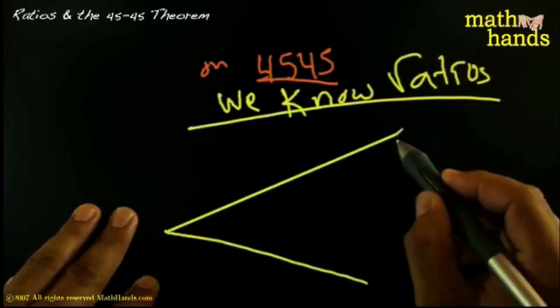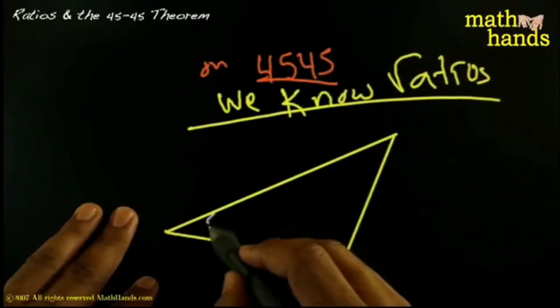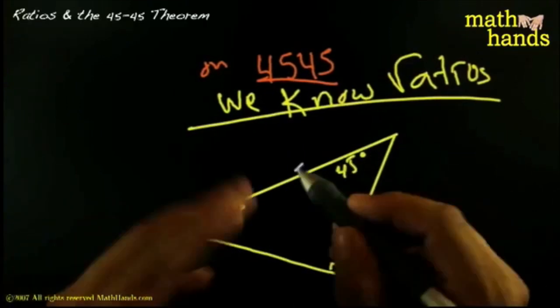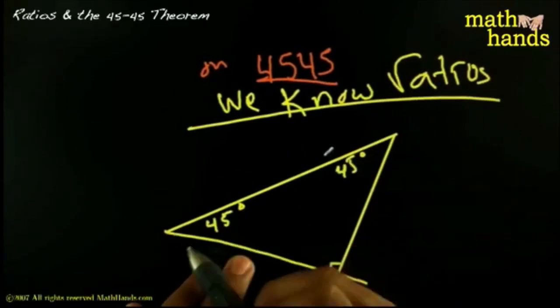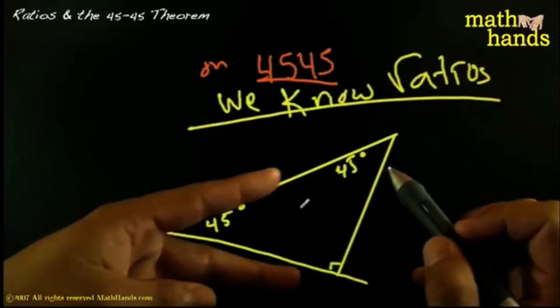By the way, on a 45 triangle, if this is 45 degrees and this is 45 degrees, I don't always draw these to scale, but I try to do it in this case. If I draw it to scale, you see across from 45 and across from 45, which side do you think is bigger?